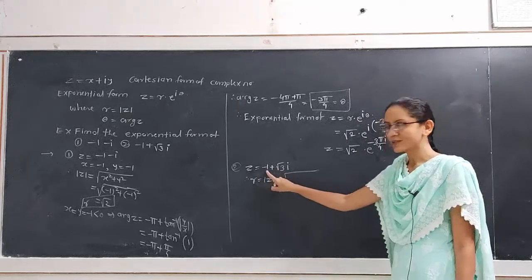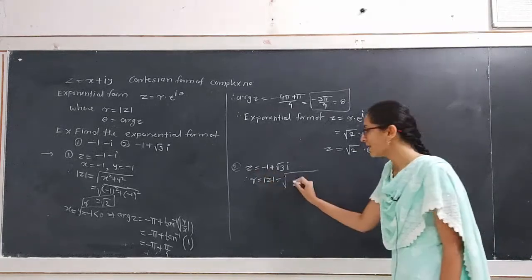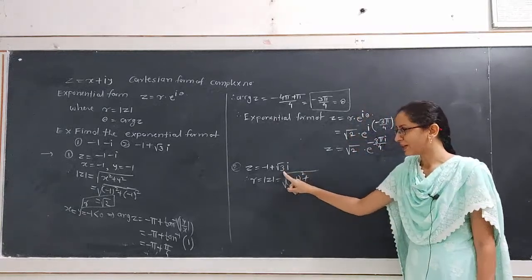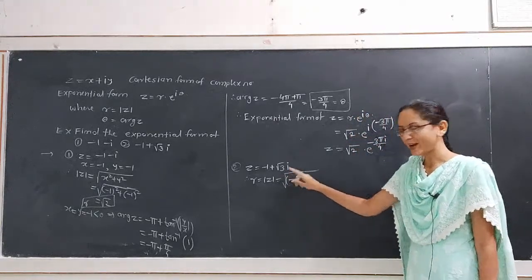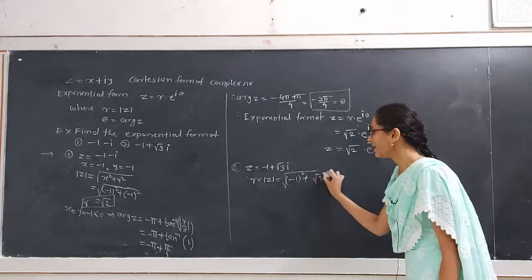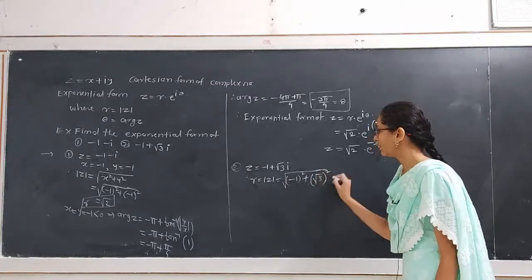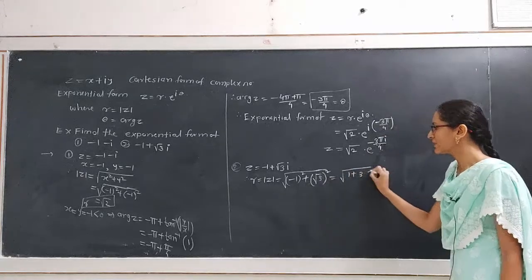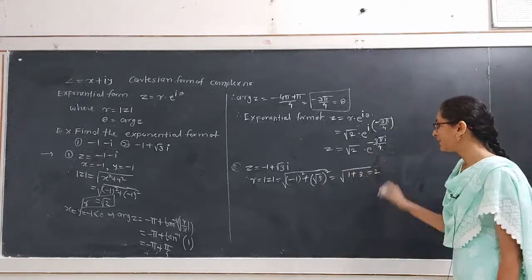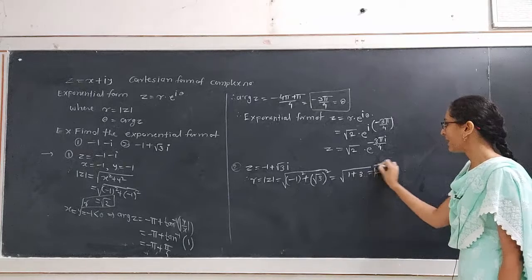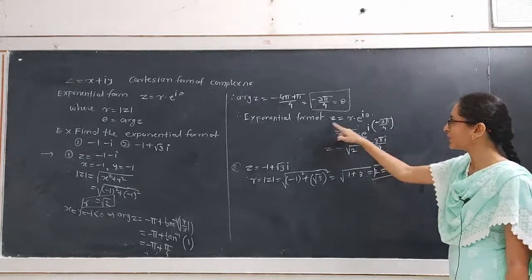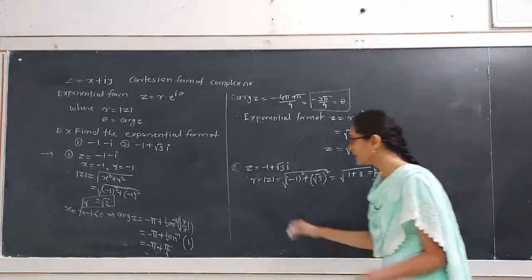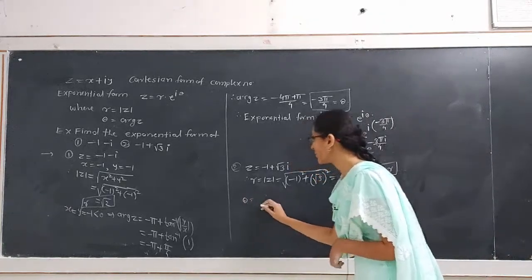The real part of z is the part which is not a multiple of i, (-1) square, plus the imaginary part square, the imaginary part is the multiple of i, which is root 3, and its square, equal to root of 1 plus 3, which is equal to 2. The r value is 2. For the exponential form, we require two things, r and theta. Next, we find theta, which is equal to the argument of z.